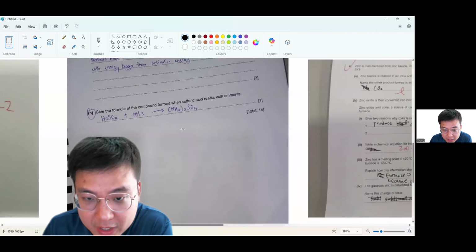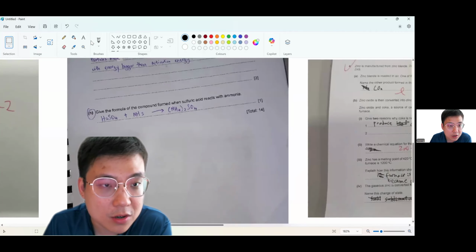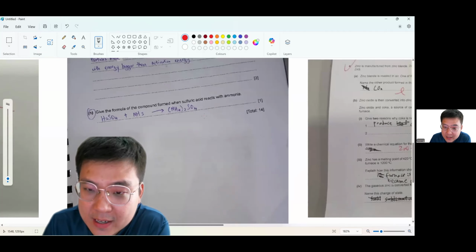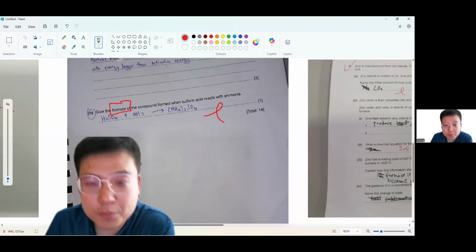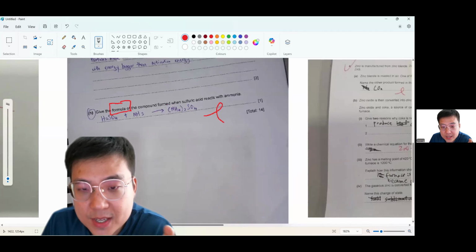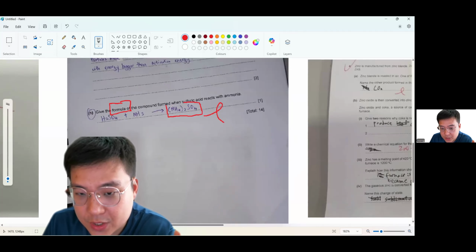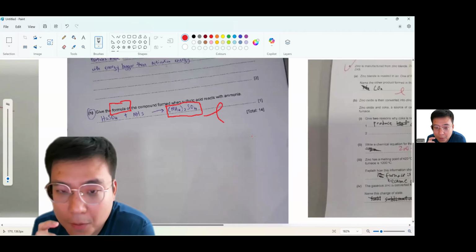And then if I move over here, actually this answer is wrong. So let's just get out a red pen and mark it wrong. This question here is asking for the formula of the compound. Actually this student got it correct, which is NH4 bracket 2 SO4.